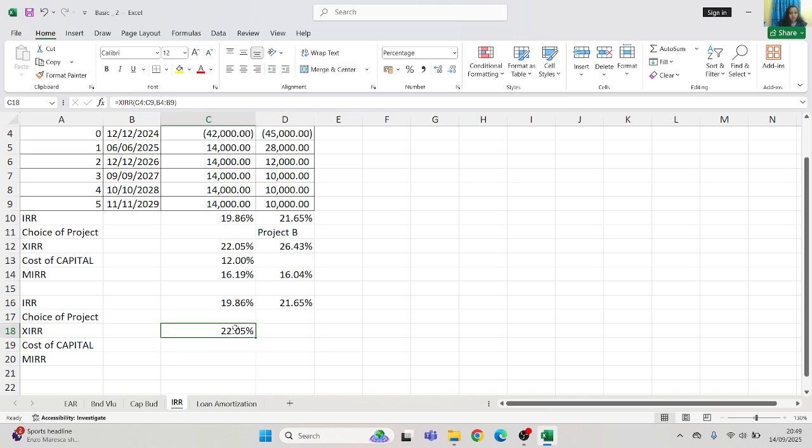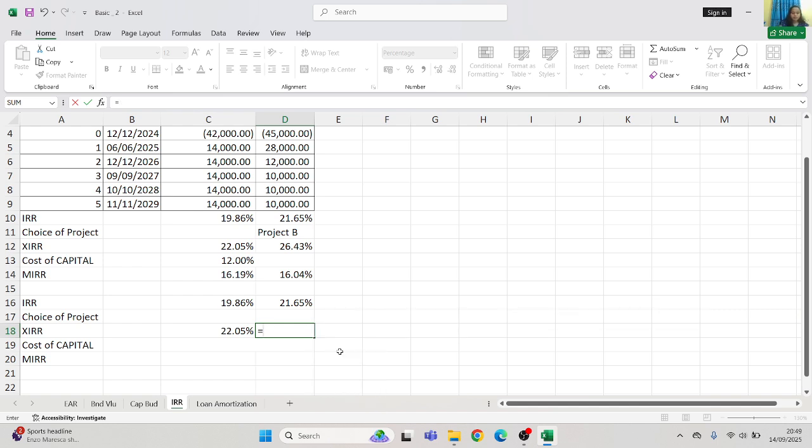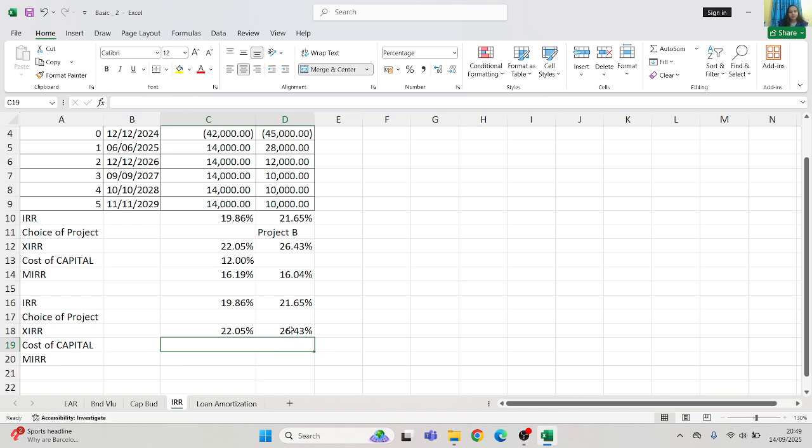This is for project A, and now we are calculating for project B. We type equal, then we type XIRR, values of project B, now dates, then we press enter. This is the value of XIRR for project B.